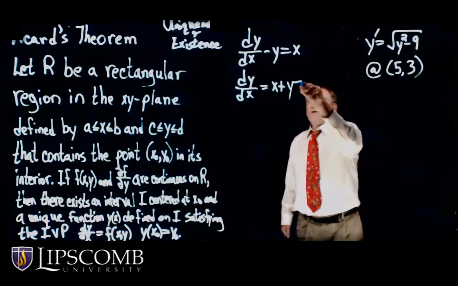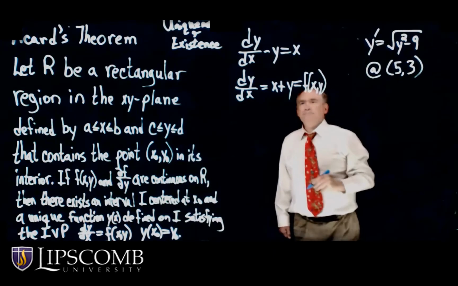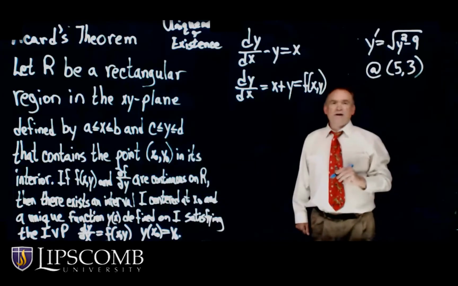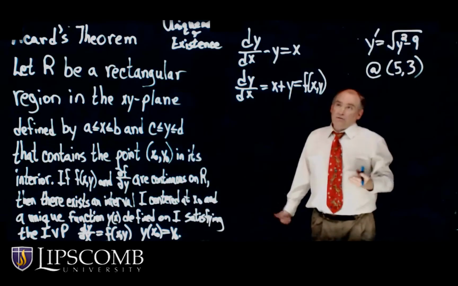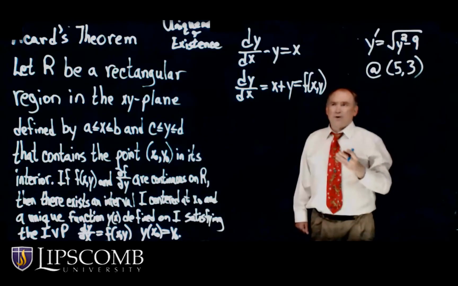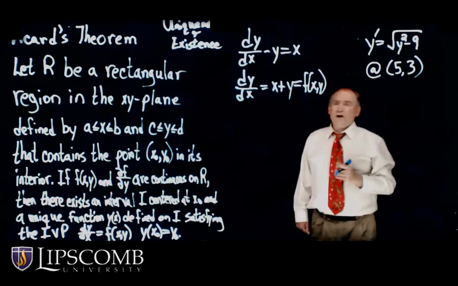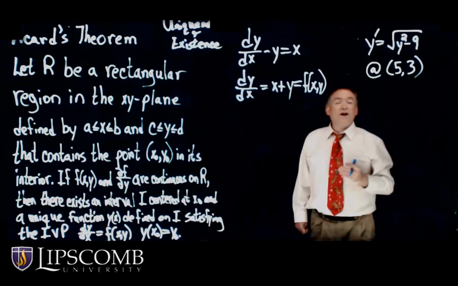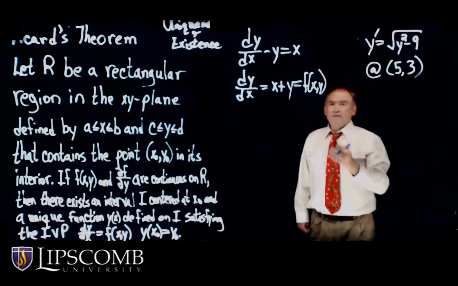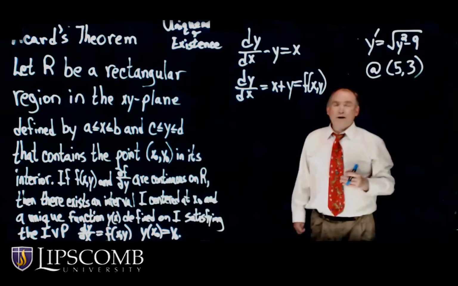Therefore, this is my f now: x plus y is my f. Well, I notice that x plus y is a polynomial in x, and then I've got a polynomial in y. Polynomials are continuous everywhere. So f of x, y is continuous everywhere on the plane.